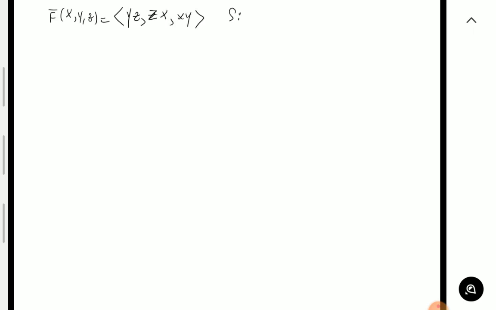The surface is given by z equals x sine of y, with x between 0 and 2, and y between 0 and pi. And I want this to be oriented upward. So when it says oriented upward, again, it means positive z.